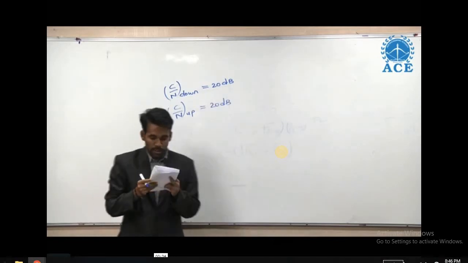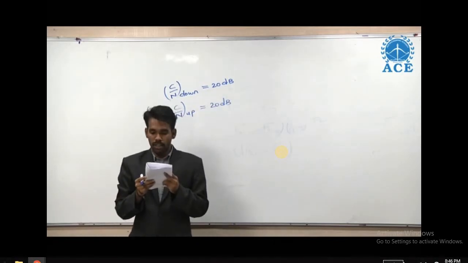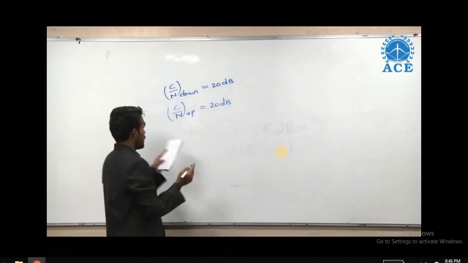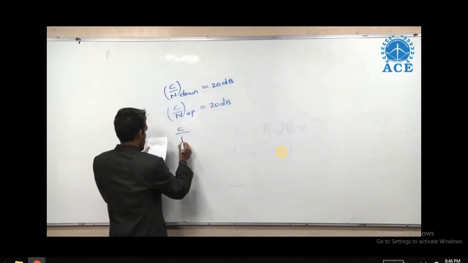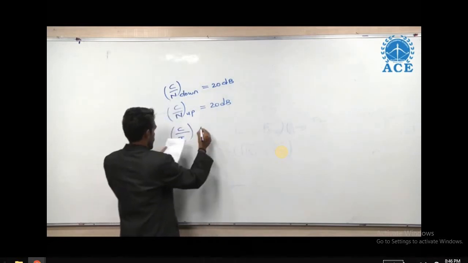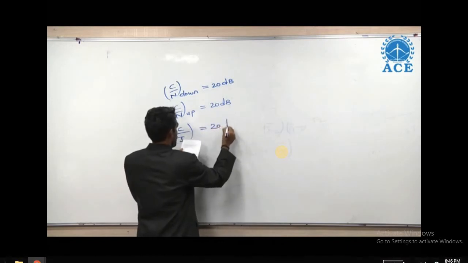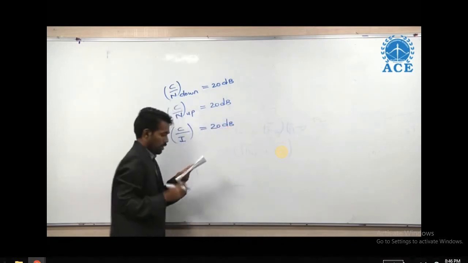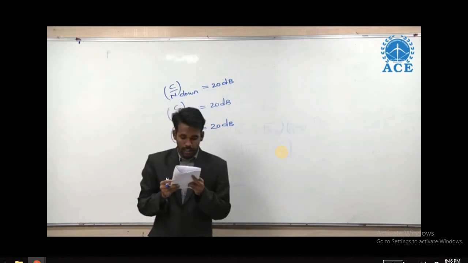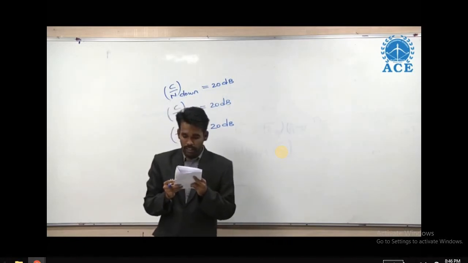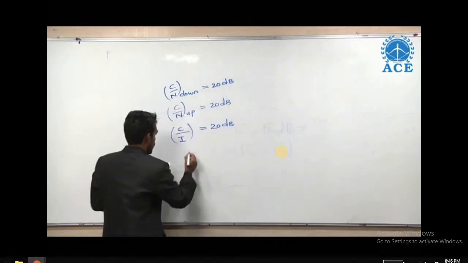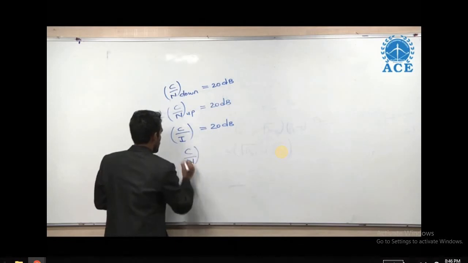If the transponder introduces an intermodulation product with a carrier to interference ratio of 20 dB, what is the overall carrier to noise ratio at the receiving earth station? So we need to find out C by N overall.